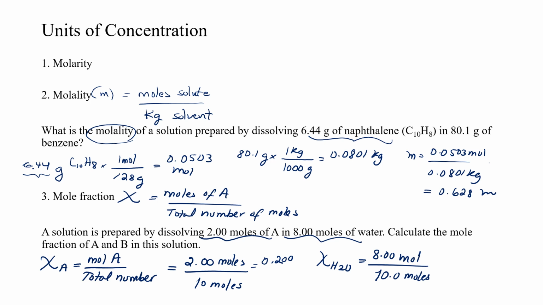The number of moles that you have in total is 10 because you're adding the 8 moles of water plus the 2 moles of A together. So when you do 8 divided by 10, that's going to give you 0.8 as the mole fraction, no unit. Okay, so it's not 0.8 moles, it's just 0.8 because the units are canceling out. This is a fraction, so you should have the same unit on the top number and the bottom number in your fraction, and the unit will cancel out and you're just getting a numerical value at the end.